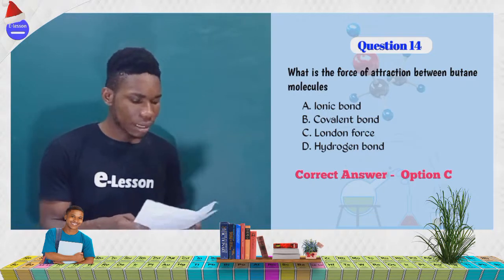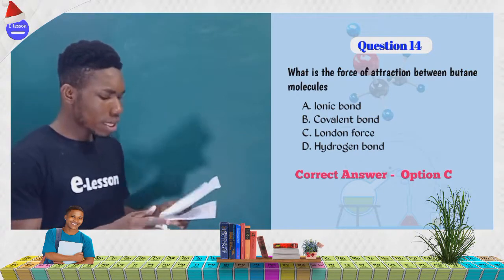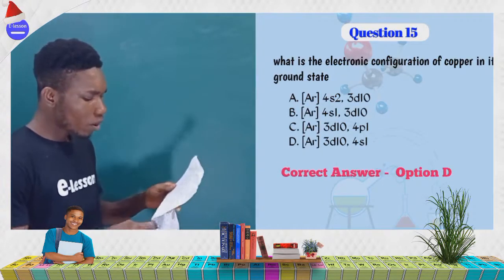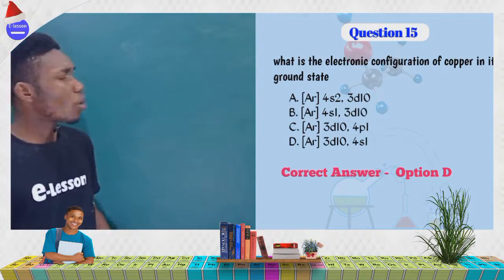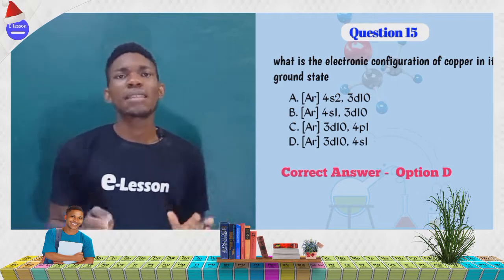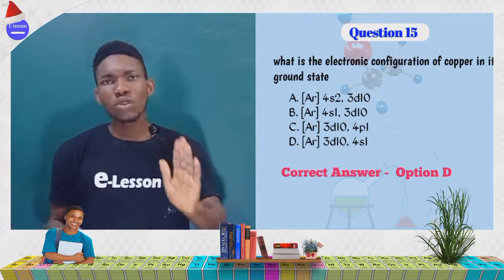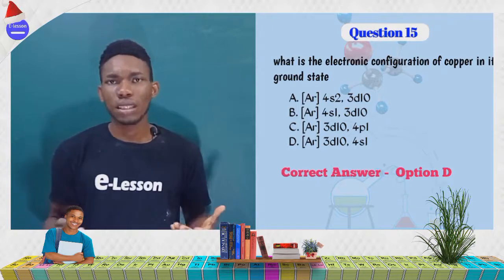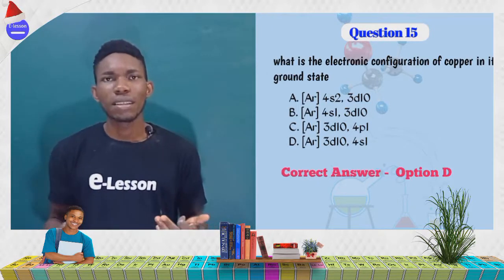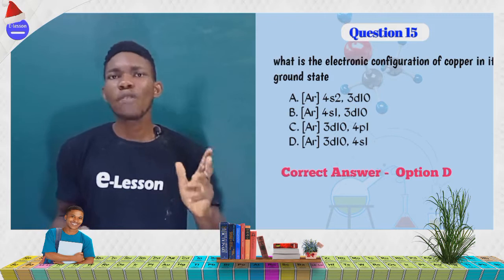So that is that. The next question says, what is the electronic configuration of copper in its ground state? To provide solution to this question, you must understand something very, very important. And that is the fact that the d orbital confers more stability.